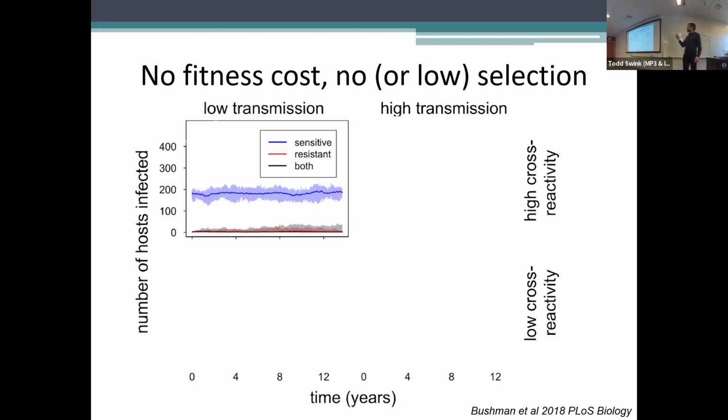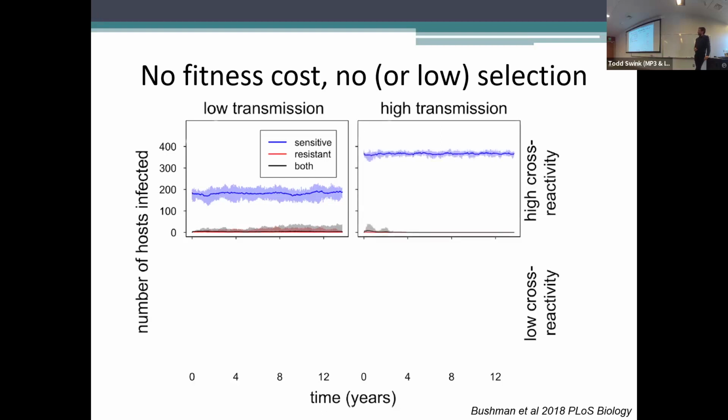And so in black also is the infections that have both types of parasites. High transmission, you get more people infected. So the blue line is higher, that makes sense. But the red doesn't even have a chance, right? So in that high transmission where you have a lot of mixed infections, you get a new parasite, in this case it's resistant, there's no way. It just cannot win that competition, actually get into this population.